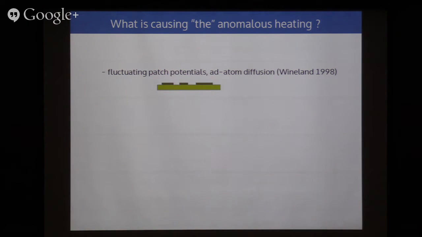There have been a couple of suggestions, most notably from Dave Wineland, to evaluate these things first. He thought it's maybe patches on the surface. So you have your old surface, and then you have grains, and those grains have different crystal orientations, and then maybe grain boundaries.